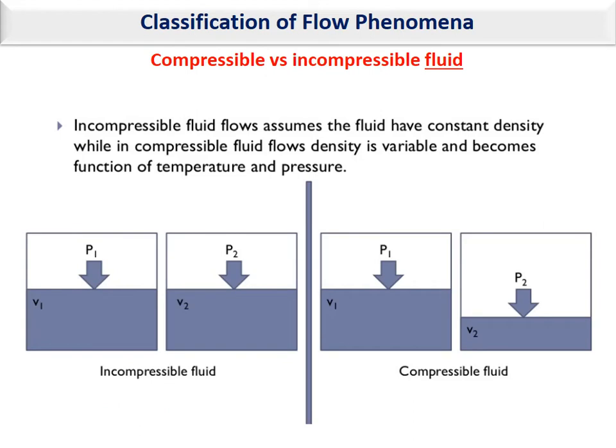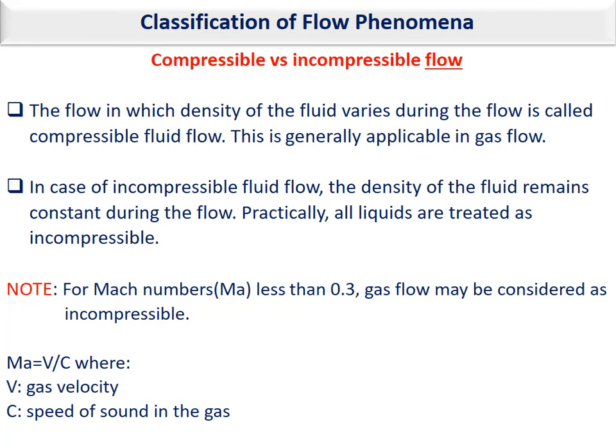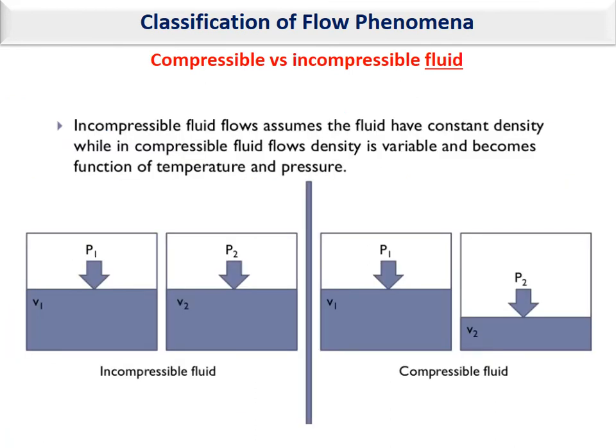Going to the next classification, compressible versus incompressible fluid. I underlined fluid. Why? Because there is another slide I'll show you here, and that's flow. So we are discussing compressible versus incompressible fluid. Incompressible fluid flows assume the fluid has constant density, while in compressible fluid flows density is variable and becomes a function of temperature and pressure.